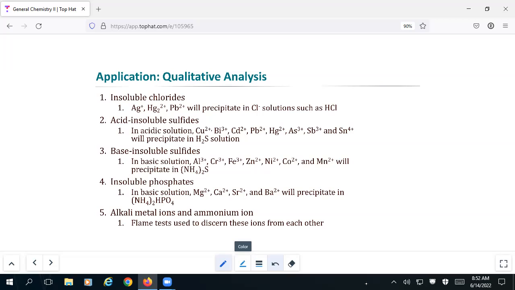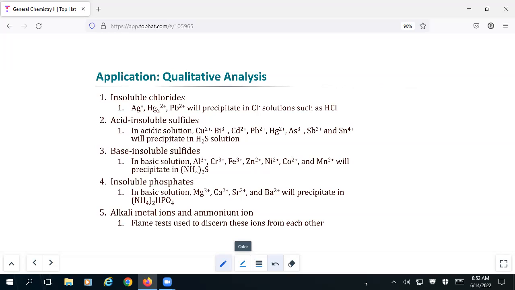It lengthens the analysis by a day and results aren't usually all that good. And then you just finished the base-insoluble sulfides: aluminum, chromium, iron 3, zinc, nickel, cobalt, manganese, and we covered all those.